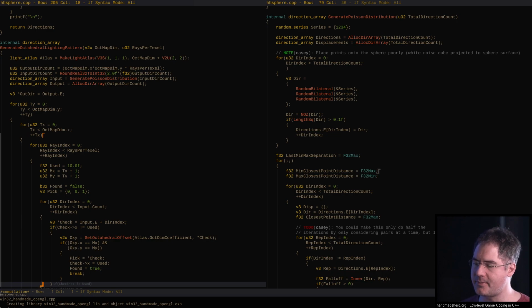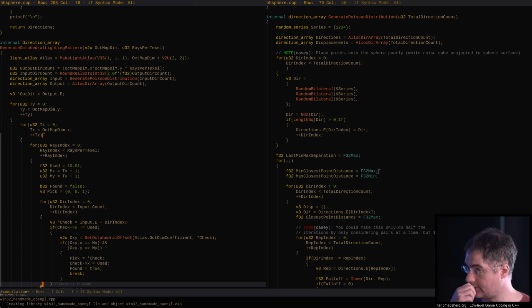16 was rays per texel. So we're generating 32 times 64. Yeah, we generate 32 choices per texel.